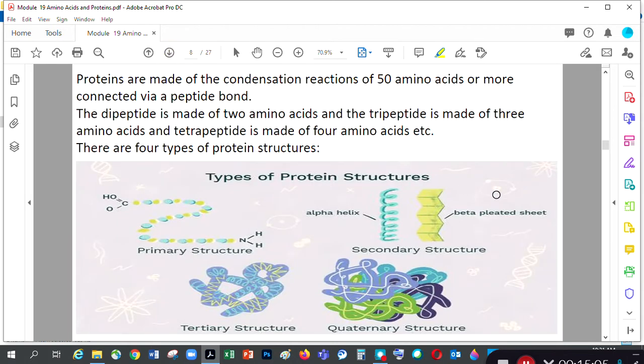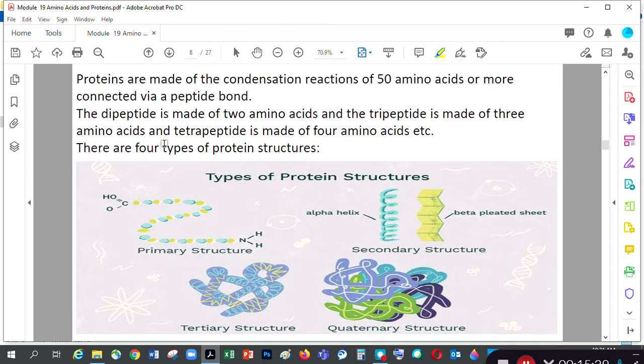What types of proteins do we have? We have different types of protein according to their structures: primary, secondary, tertiary, and quaternary structure.